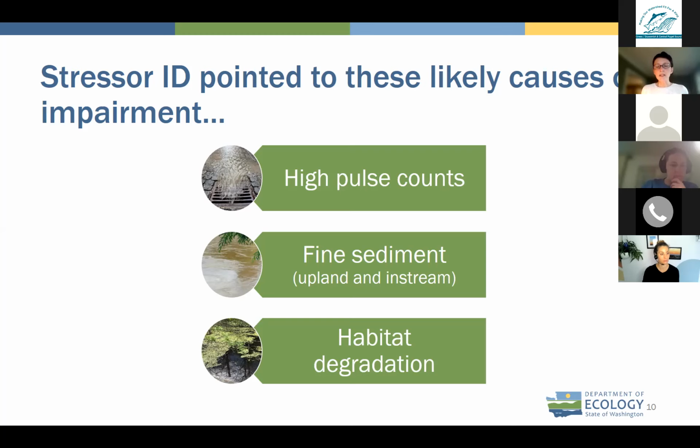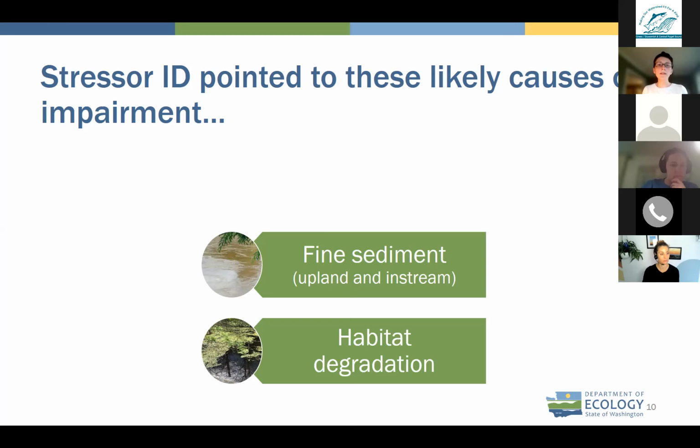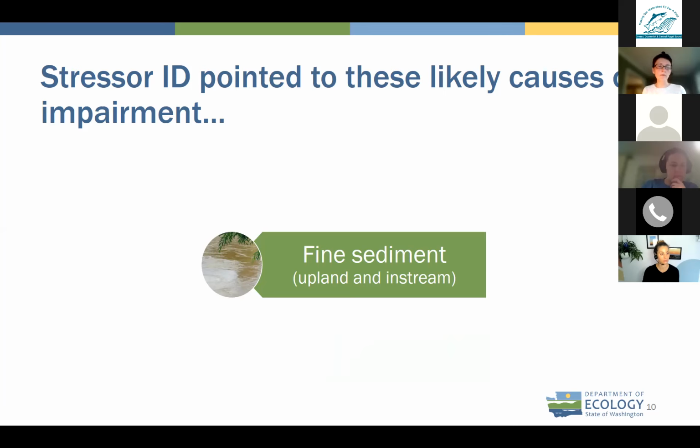In this case, legal challenges in other states and Clean Water Act provisions about what is considered a pollutant determined us to make a decision that we cannot do a TMDL in terms of flow, so high pulse counts are out, and that we cannot do a TMDL for habitat degradation, so that is out too, and we're left with sediment.